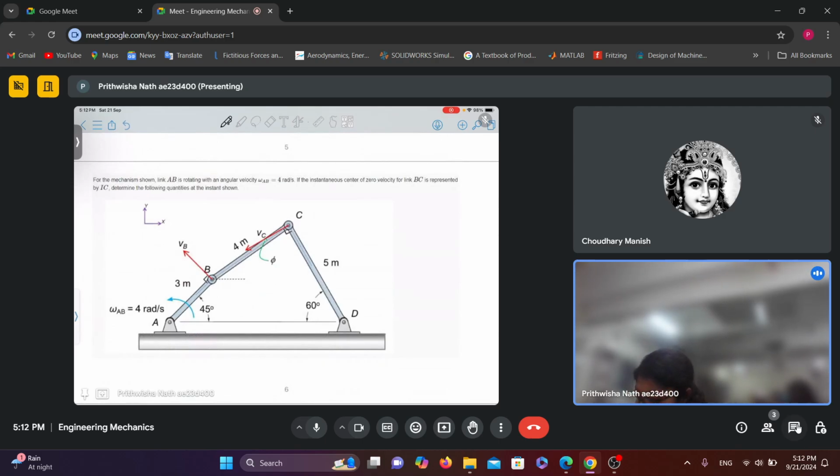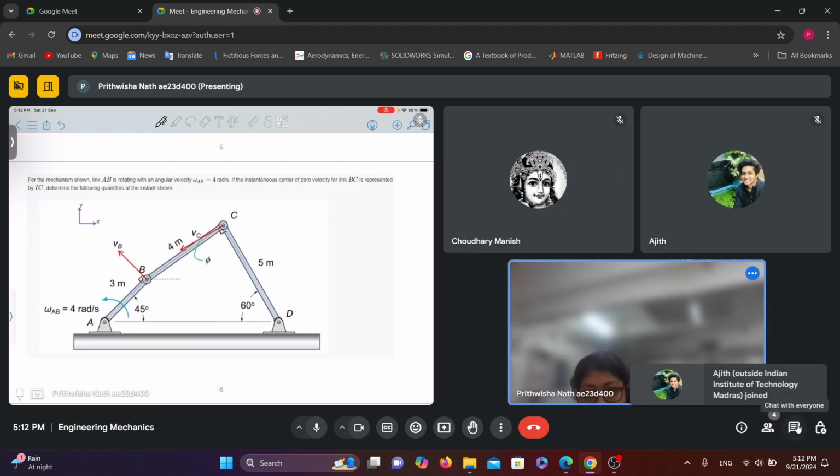For the mechanism shown, link AB is rotating with an angular velocity omega AB equals 4 radians per second. If the instantaneous center of zero velocity for the link BC is represented by IC, determine the following quantities at the instant shown.